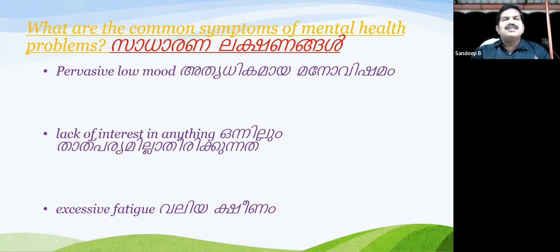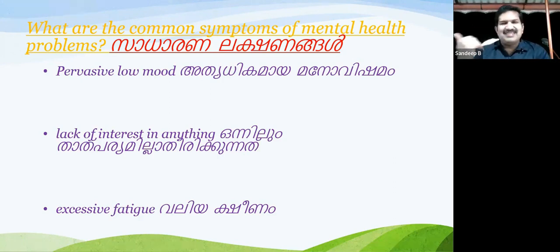That, especially for more than 2 weeks, is the time criterion that we use to label it as a depression. Of course, other physical factors like thyroid problems, vitamin B12 levels, vitamin D levels, and hemoglobin and other routine parameters, and all the usual physical problems have to be ruled out. But in the absence of all that, this excessive sadness lasting for more than 2 weeks, along with lack of interest in anything, anhedonia.